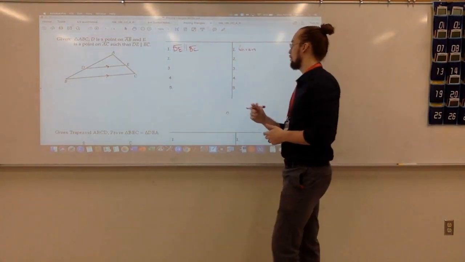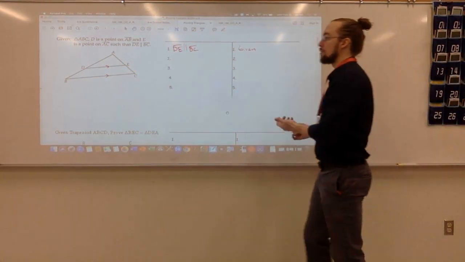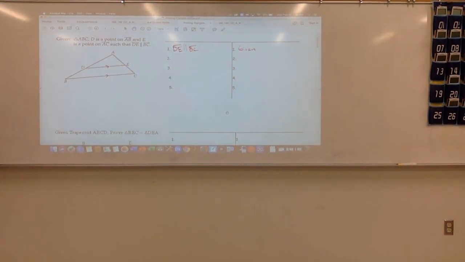So we can start there. Right? We know DE and BC are parallel. That's given to us. Well, if I know that these two lines are parallel, what angle pairs can I say are congruent?